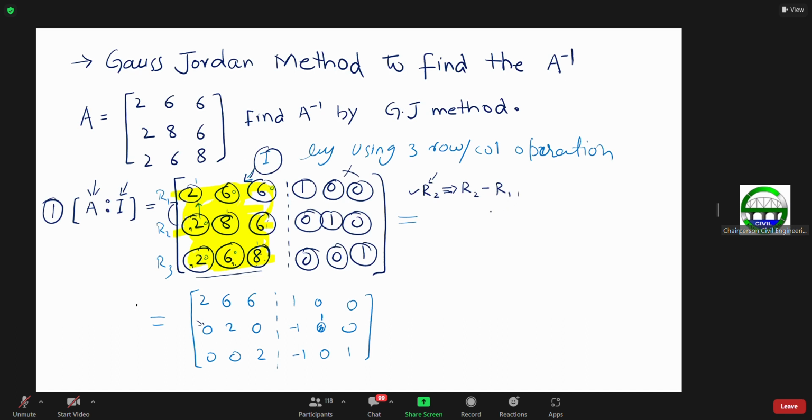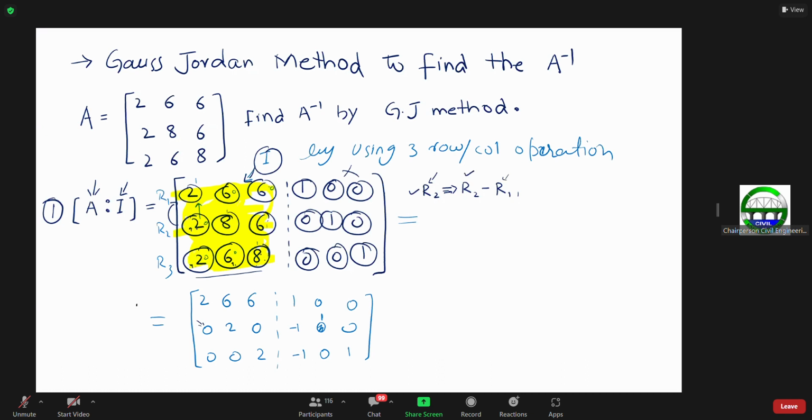Is it clear? I am not going to apply it on R1, so R1 will be the same: 2, 6, 6, 1, 0, 0.